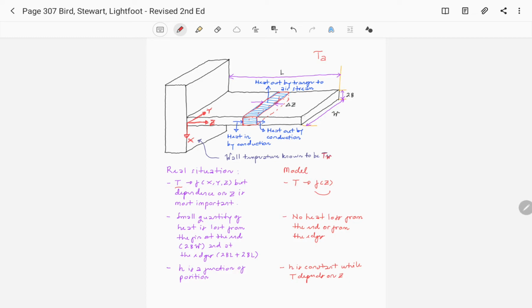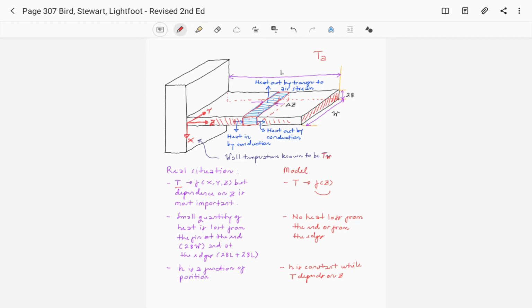So this area here, 2BW, and then also this particular area here, 2BL, and then you have one more on the opposite side. That is 2BW plus 2BL plus 2BL.